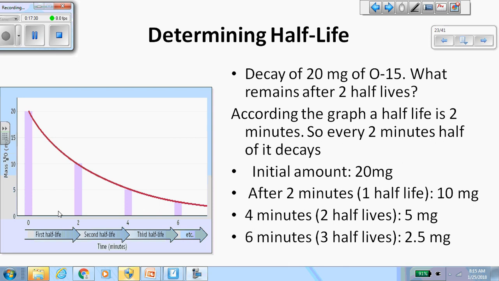And then after 6 minutes, which is 3 half-lives, you have 2.5 milligrams left. You can see the progression on this graph, and it shows how after every 2 minutes, you've got half of your amount left, until eventually all of it has decayed.